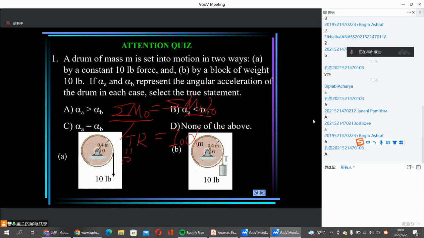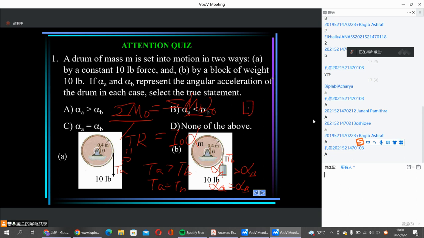So for A and B, we need to know T_A and T_B. If T_A is larger than T_B, we know alpha A will be larger than alpha B. If T_A equals T_B, alpha A equals alpha B. Or T_A smaller than T_B, alpha A will be smaller than alpha B.